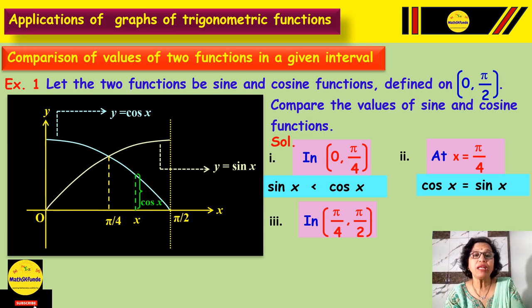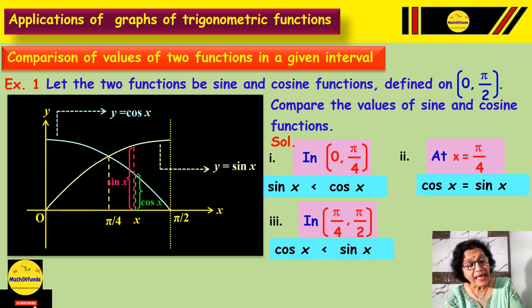So that length of the dotted line would be nothing but cos x. Now extend that further and go up to the graph of y equal to sin x. That pink dotted line shows the length of sin x. Now which is bigger, the length of sin x or the length of cos x? I observe that sin x is bigger and cos x is smaller. So I will write cos x is less than sin x.